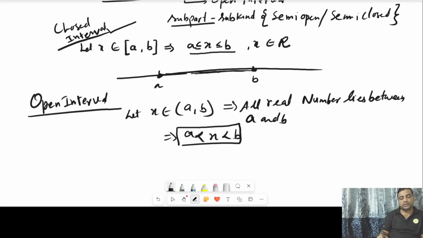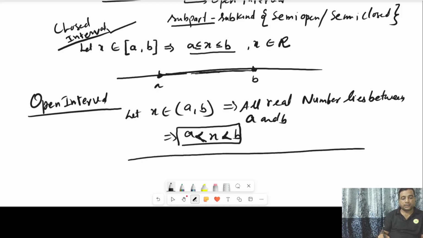Let this be a, this be b on the number line. So all the numbers lie between a and b, meaning a must be excluded as well as b excluded, and all the real numbers lying between a and b. So this is the representation on the number line of the open interval.